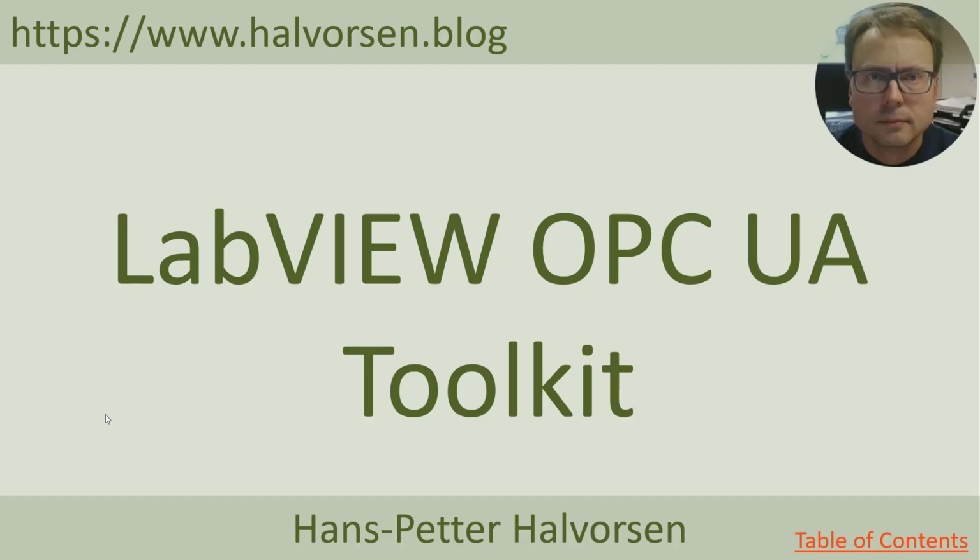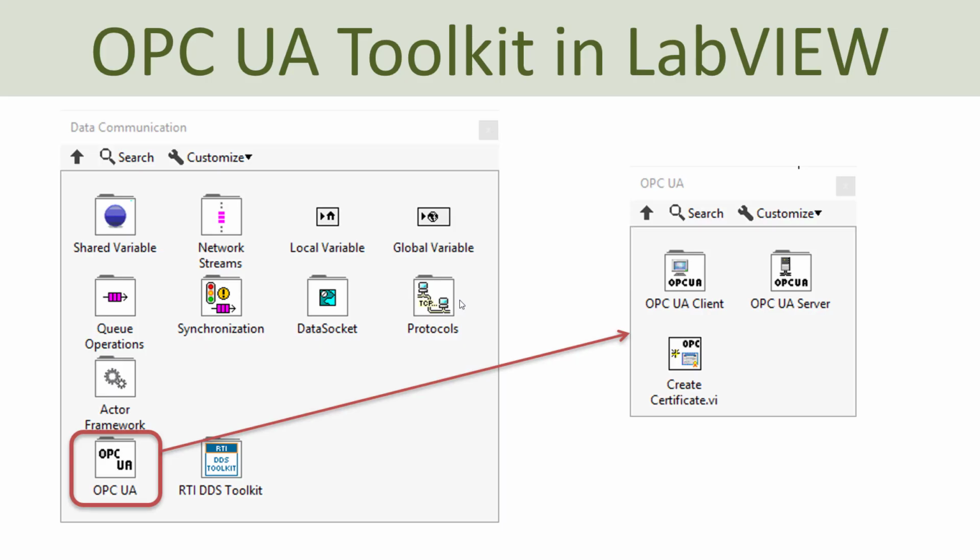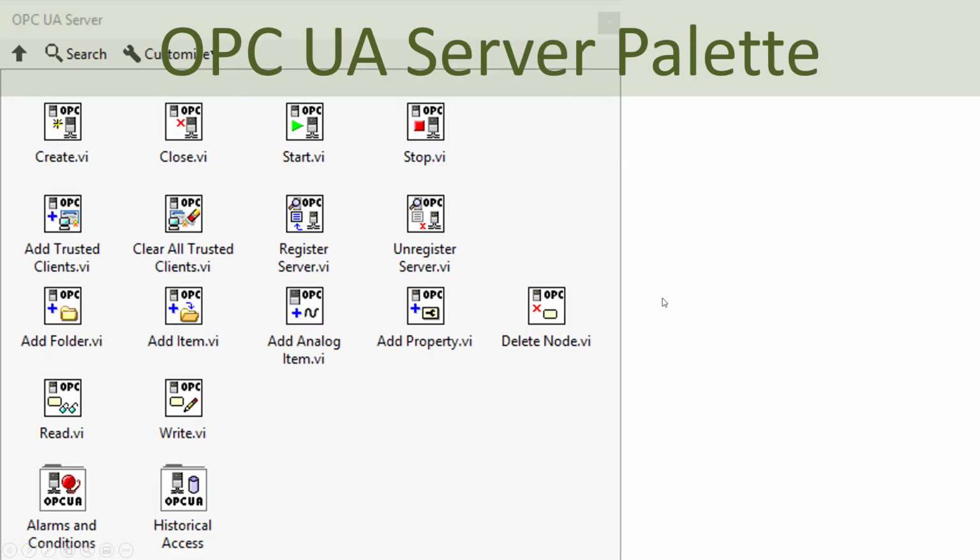In this tutorial we will also, as mentioned, use this LabVIEW OPC UA toolkit. With this toolkit you can create OPC UA servers and OPC UA clients. Here you see the overview of the palette in LabVIEW after you have installed this OPC UA toolkit. Under the data communication palette you find this OPC UA palette, and here you have sub-palettes for creating OPC UA servers and OPC UA clients. Here you see the sub-palette for the OPC UA server.